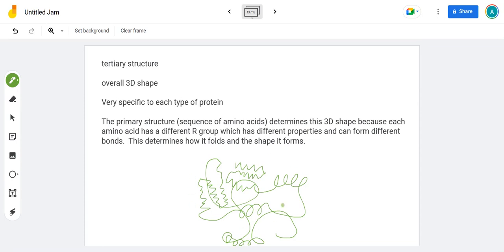Something like that. So this is our overall 3D shape, and let's think about how and why it might form a specific shape. First of all, the first type of bond is an ionic bond.